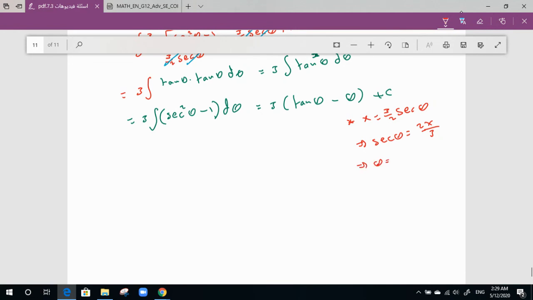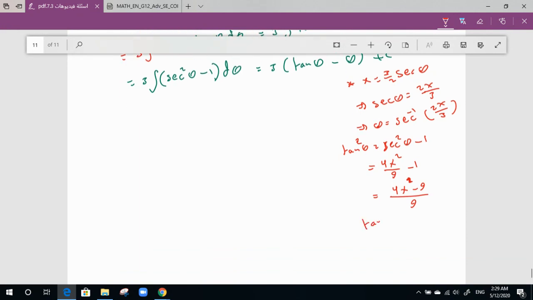Also theta equals secant inverse of 2x over 3. What about tan? Tan squared theta is secant squared theta minus 1. Now secant theta, 2x over 3, squared, is 4x squared over 9 minus 1, which is 4x squared minus 9 over 9.